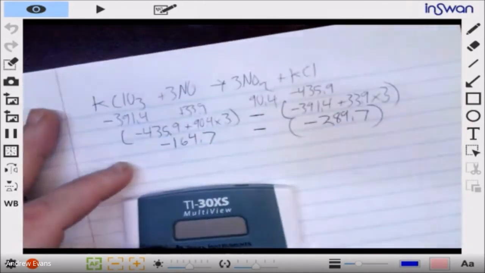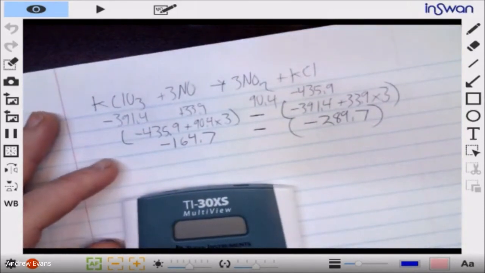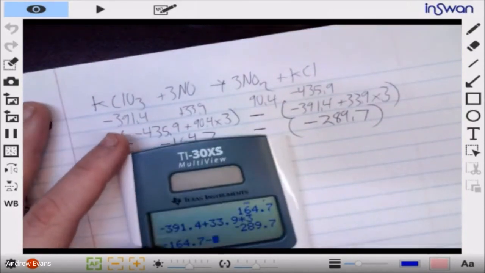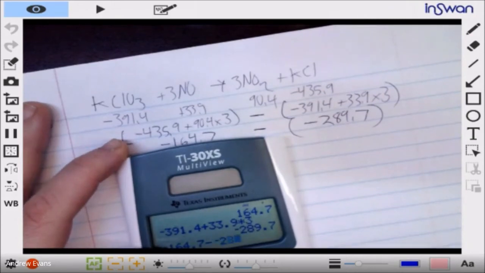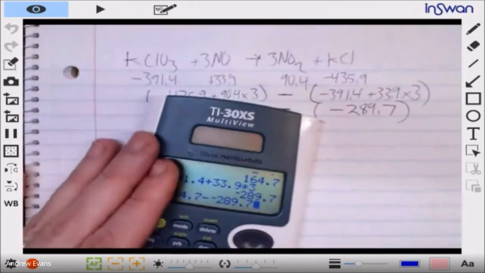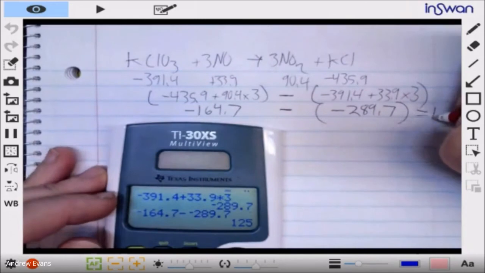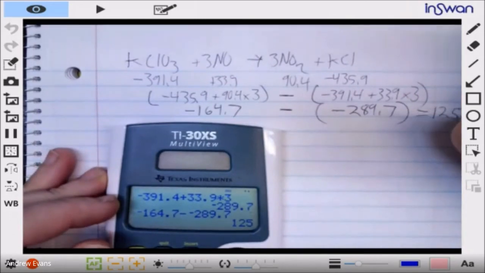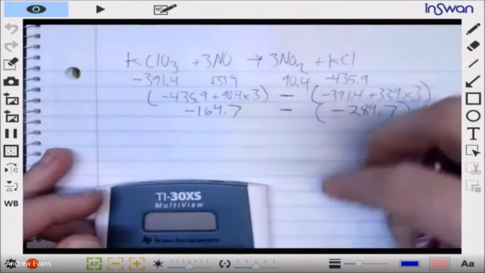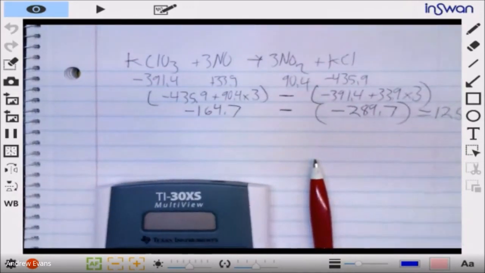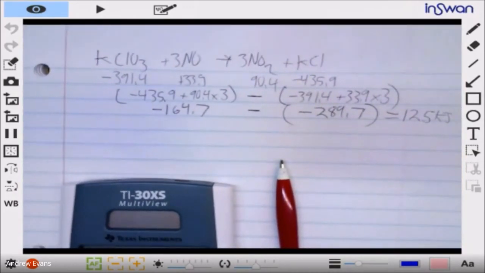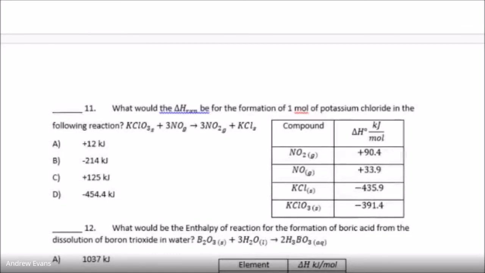So we get negative 164.7, which is our products, minus a negative 289.7. So minus a negative is the same as adding a positive. Our answer is positive 125 kilojoules. So answer C in this particular case.